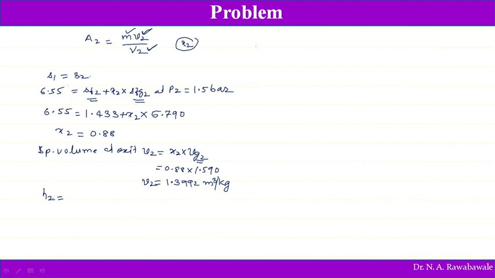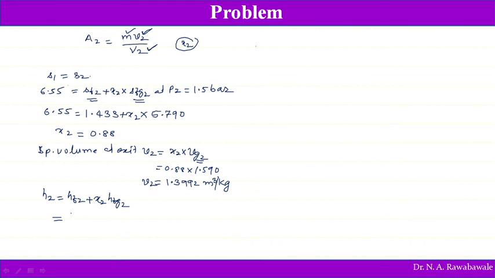So h1 minus h2 can be obtained, or h2 can be obtained. To know h2 we know x2. So hf2 plus x2 into hfg2 gives us enthalpy at point 2.